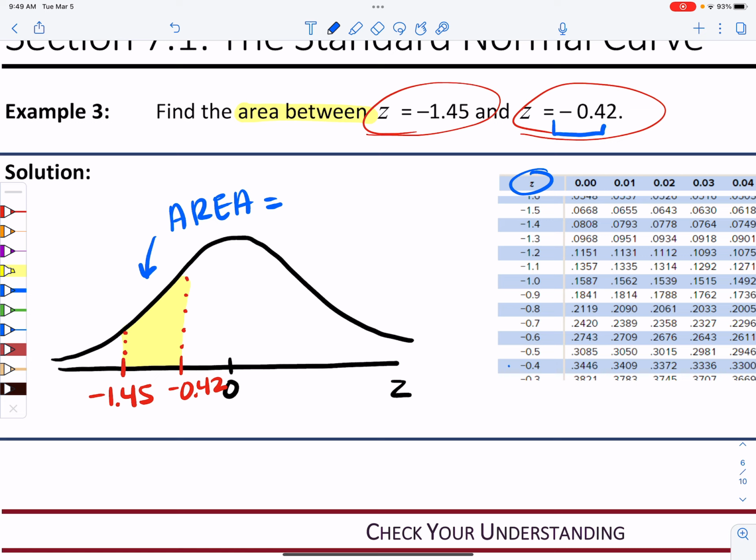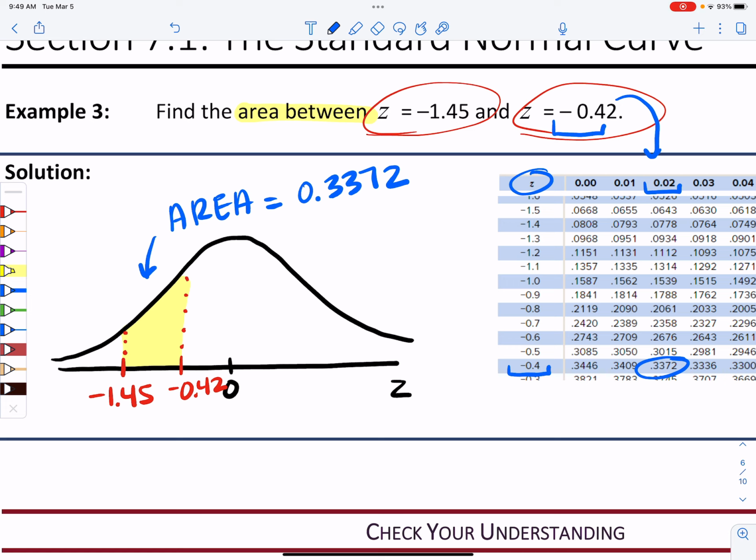So to one decimal place, that's just going to be negative 0.4. Second decimal place across the top is going to be 2. And that will give me the area to its left at 0.3372.